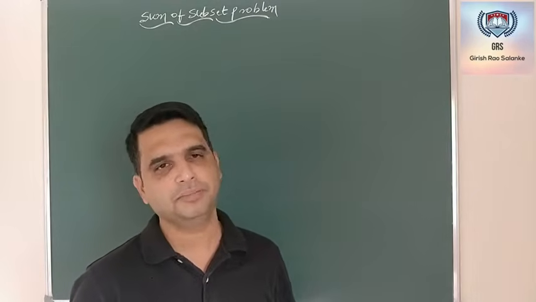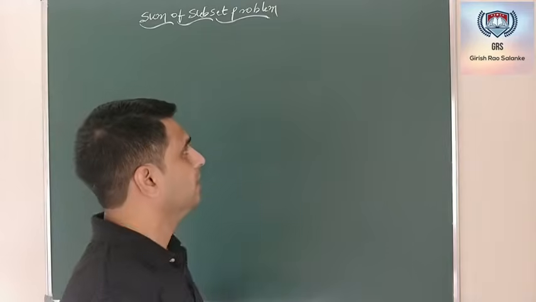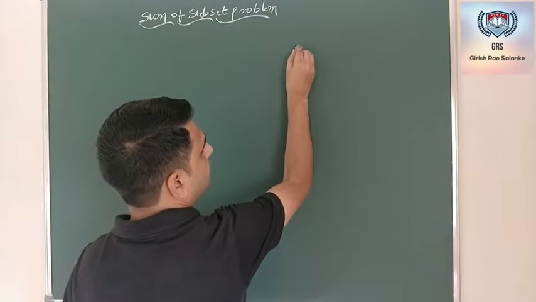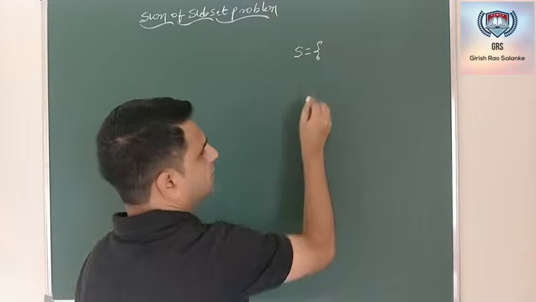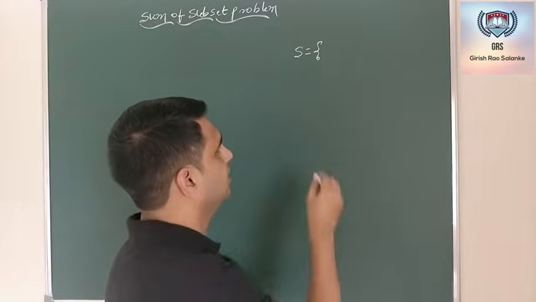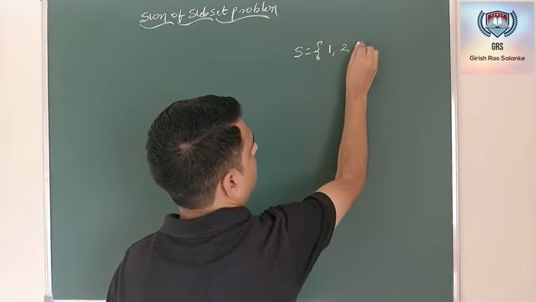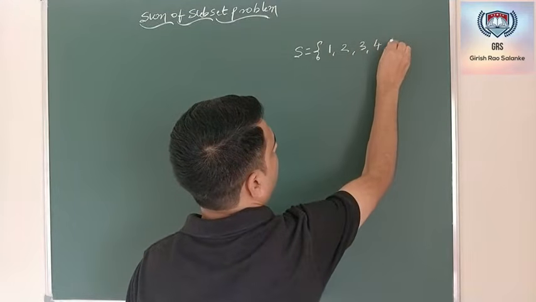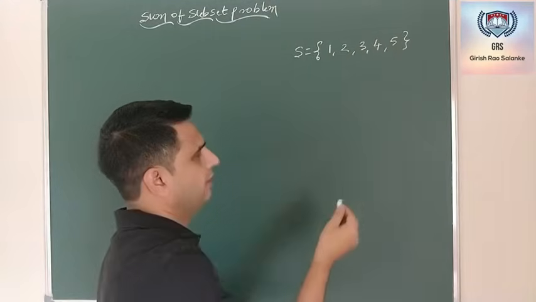In the sum of subset problem, we'll be given a set S which contains a few non-negative integers. Let me assume that those integers are 1, 2, 3, 4, 5.